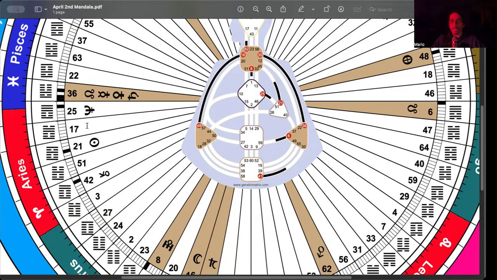You can see the sun here is occupying gate 21, right there in the middle. What's fascinating about that is gate 21. I'll go more into it when I do the video on sun gate 21, but we'll just say these are the Aries gates. We began in 25, and then we were in 17 last week.